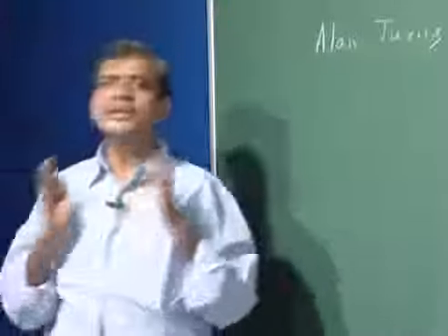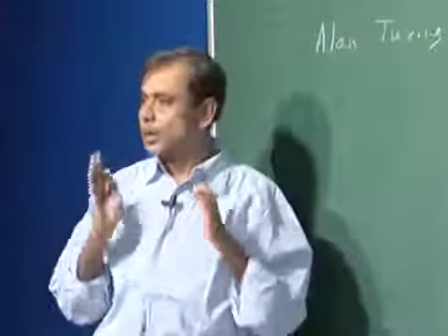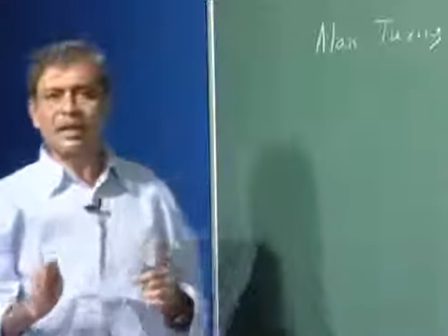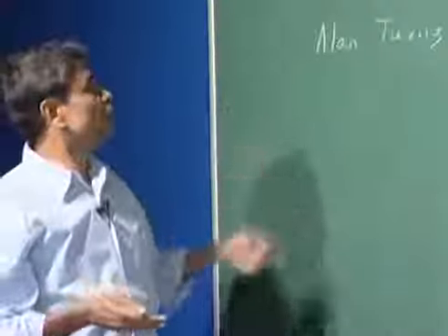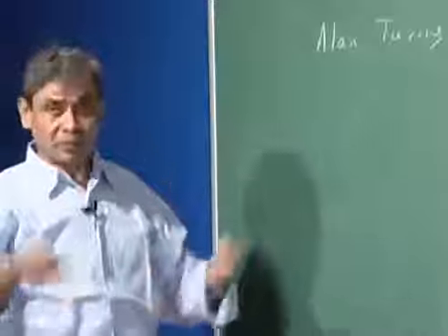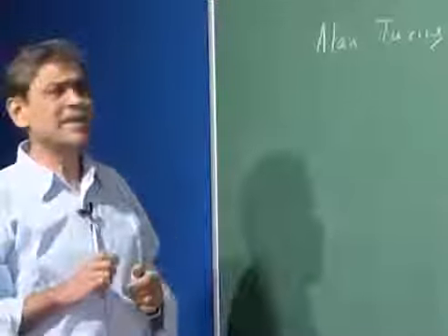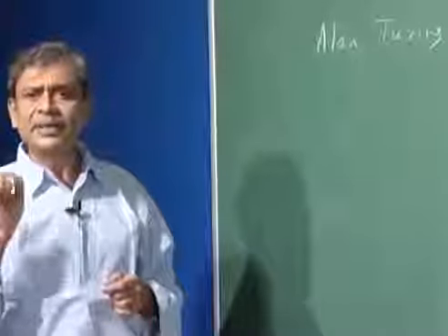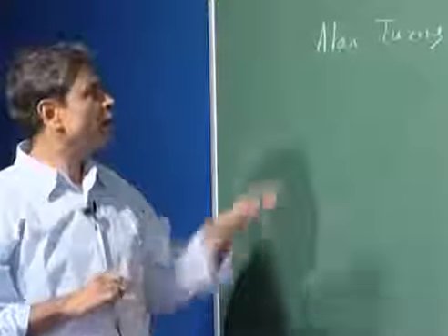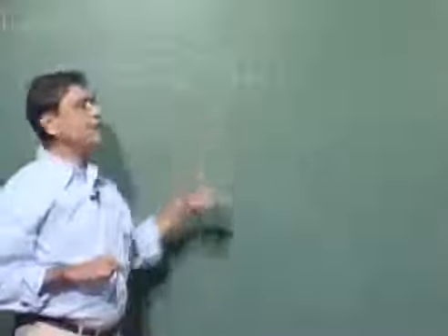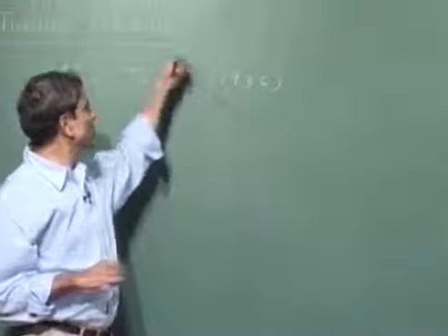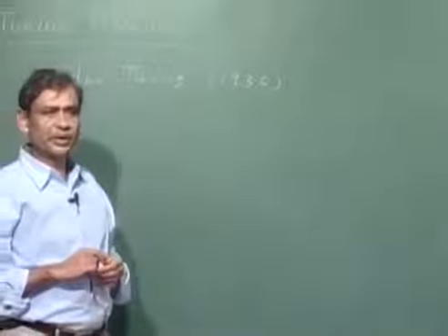Before we get into the details of what Turing machines are, and how to define things or work with Turing machines, we should have some appreciation of why Turing defined in 1936 what we now call Turing machines.